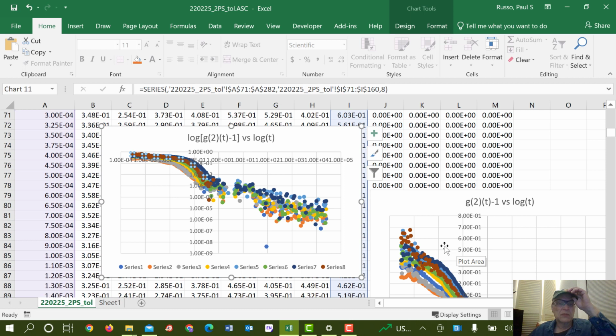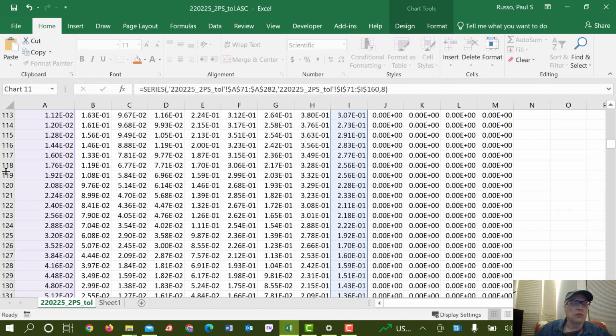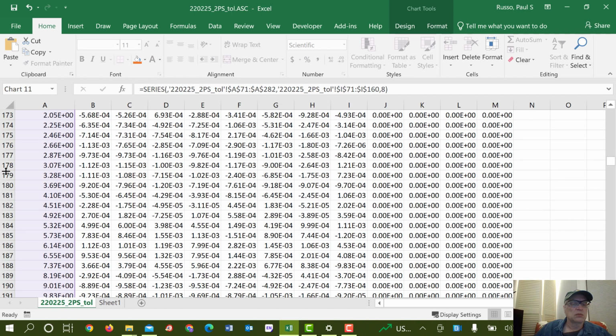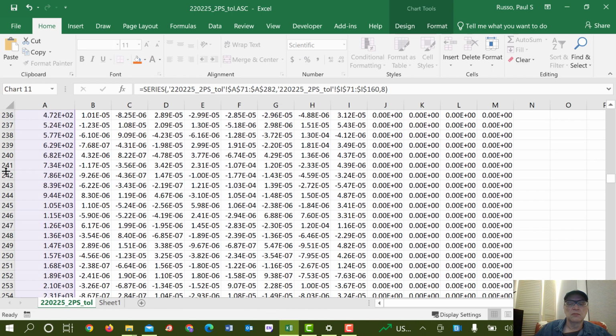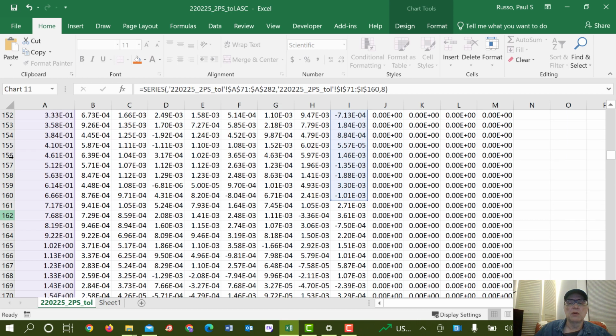All right. So I think our range is going to be from about row 71 to about row, where did it stop? 160.